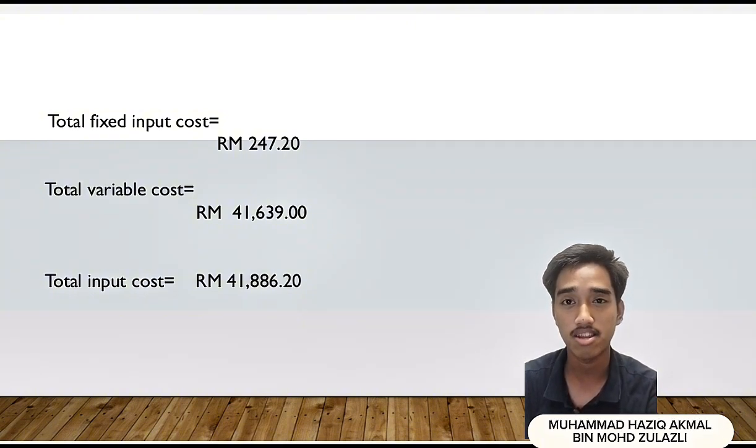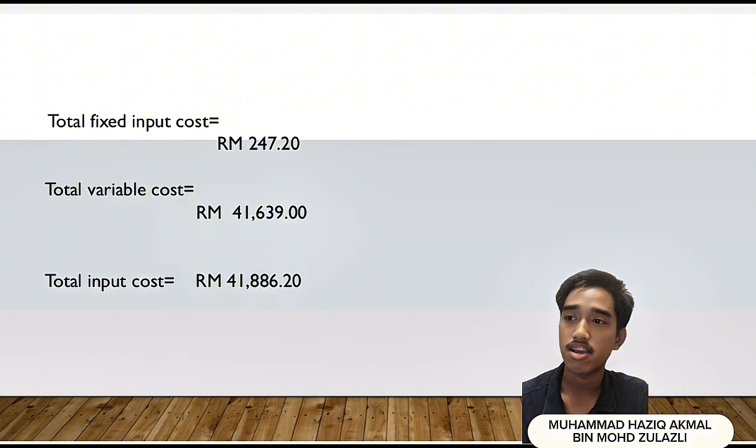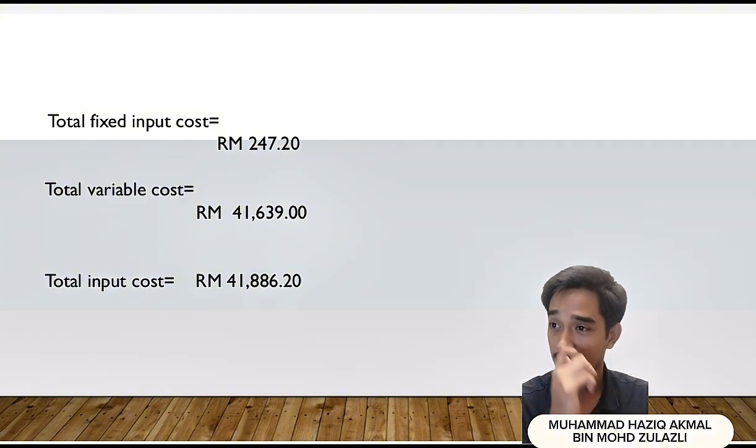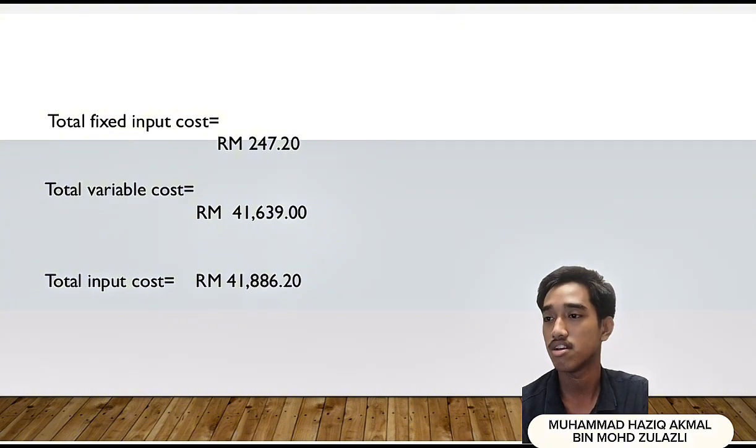Now, I will explain the next slide. In this slide, I will explain the total fixed input cost, total variable cost, and total input cost. First, total fixed input cost equals 247 ringgit 20 cents, and total variable cost equals 41,639 ringgit.